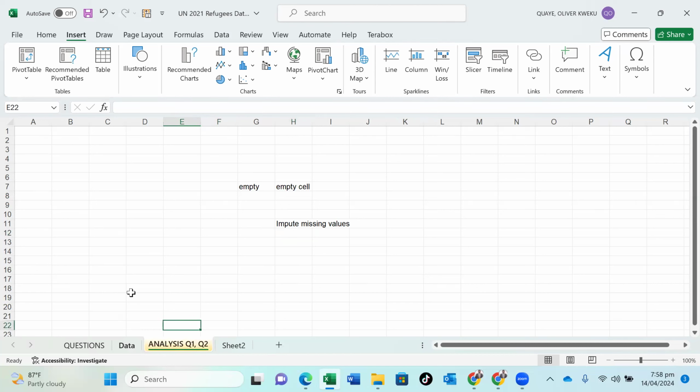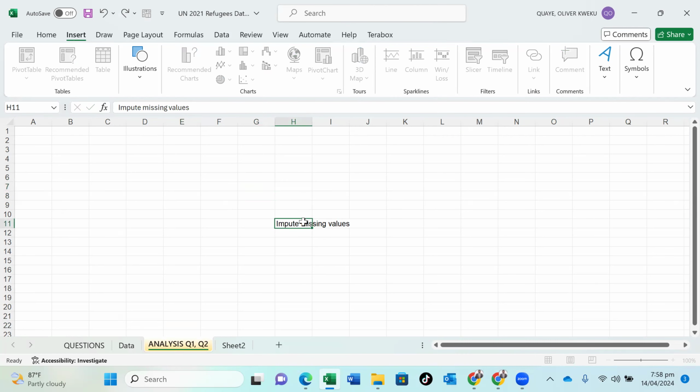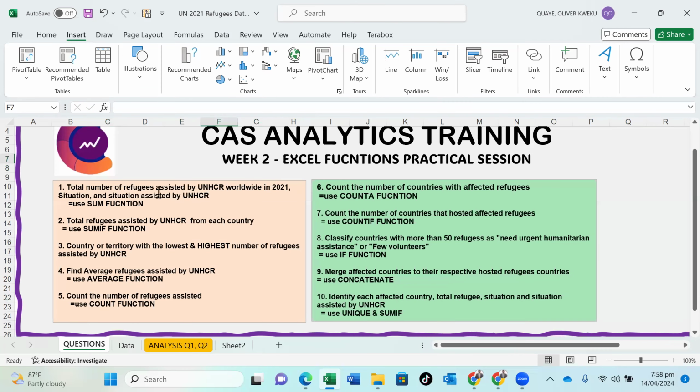So now we are looking at question 1. So let's delete this. So now don't forget that now we are looking at sum total of refugees assisted, right?